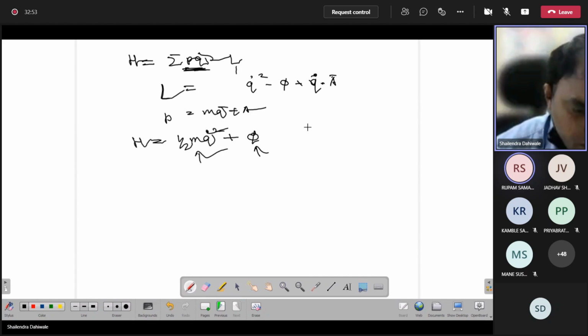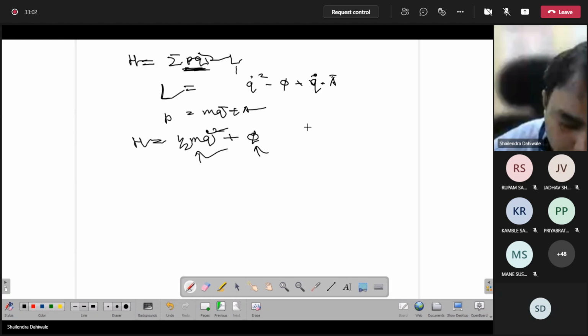But we have to replace the q dot, right? Because it's the Hamiltonian. So we have to replace the q dot in terms of p. Yes, that you can do again easily.